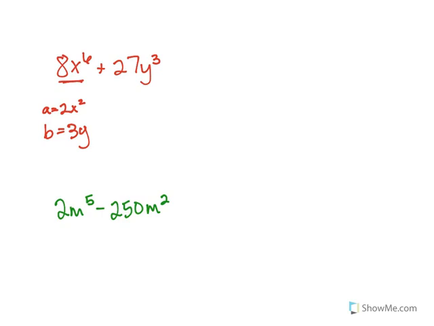Okay, so this I'm just going to rewrite up here: a squared minus ab plus b squared. Okay, so I'm going to put a is 2x squared, plus b is 3y.